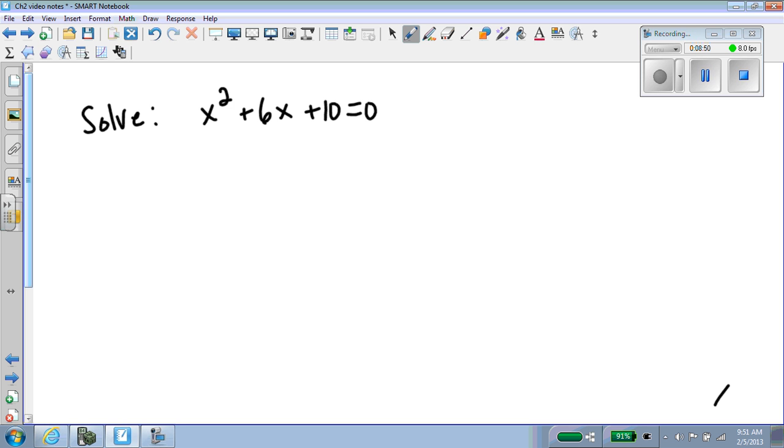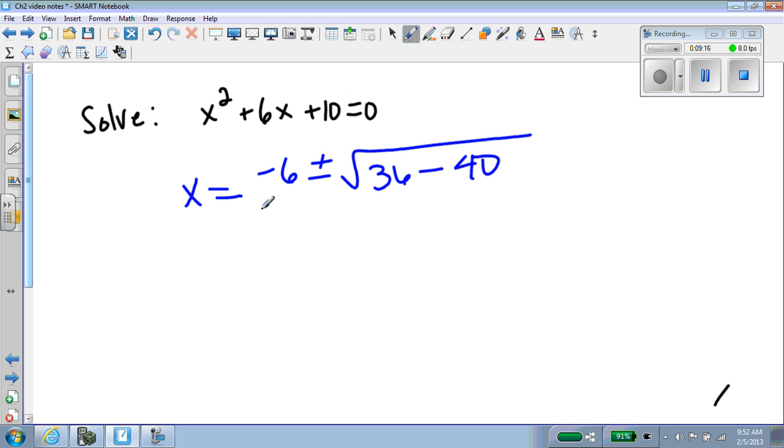Solve. I guess this is out here because the quadratic formula can yield things that are complex as answers. I might as well just do the work while I'm here. x equals opposite b plus or minus square root b squared minus 4 times a times c all over 2a.